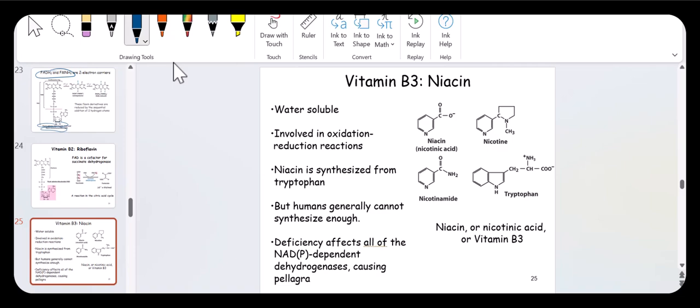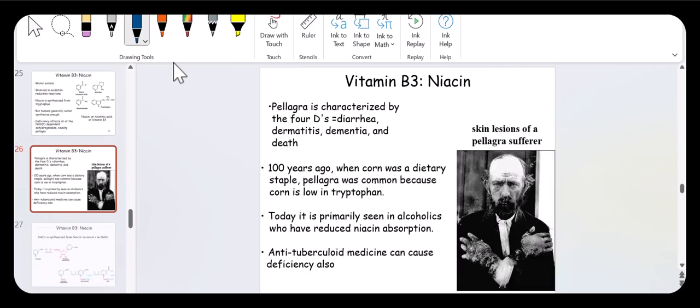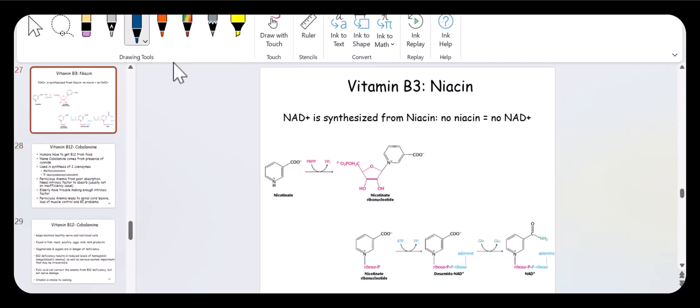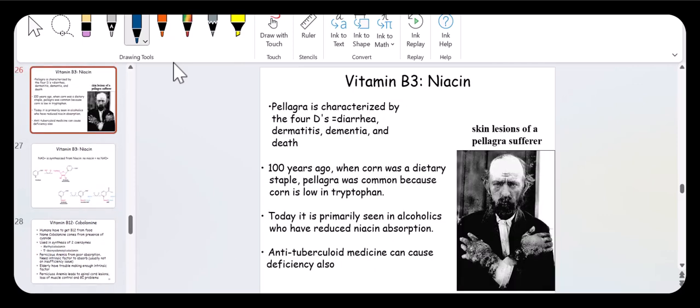Niacin's another one with our electron carriers. So niacin, where's our structure? Yeah, here's our NAD. So niacin is the N of NAD, nicotinamide adenine dinucleotide, another electron carrier. So you might put electron carrier, you might put NAD, whatever. So B3 is niacin.